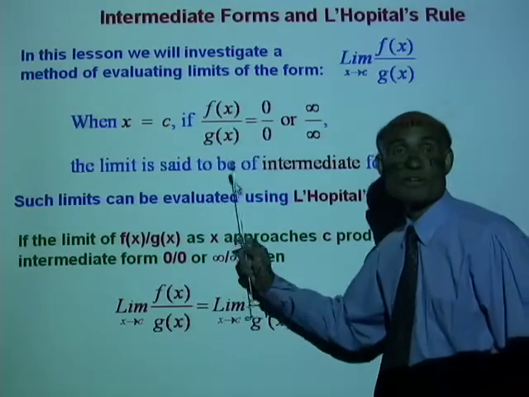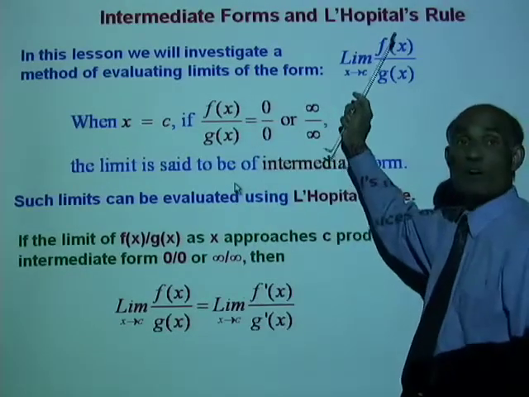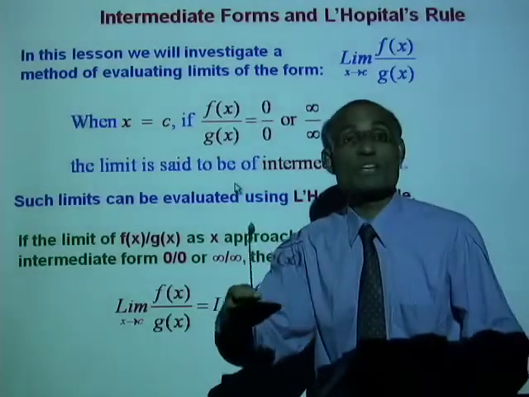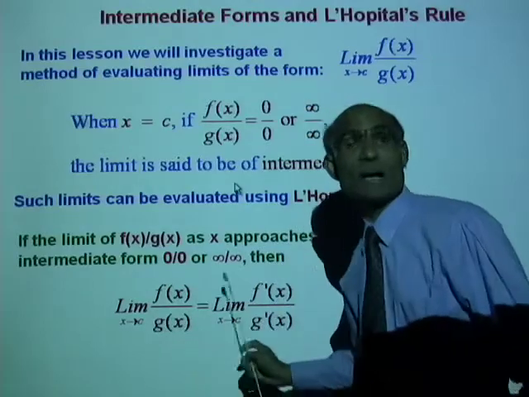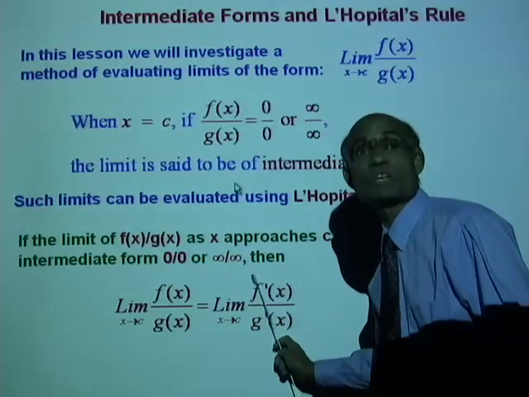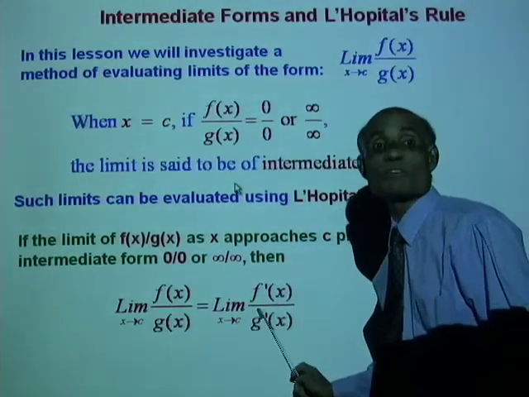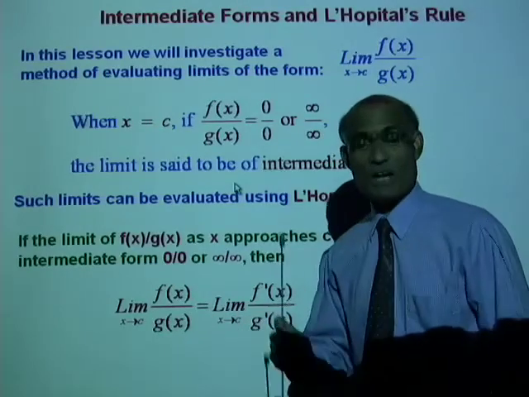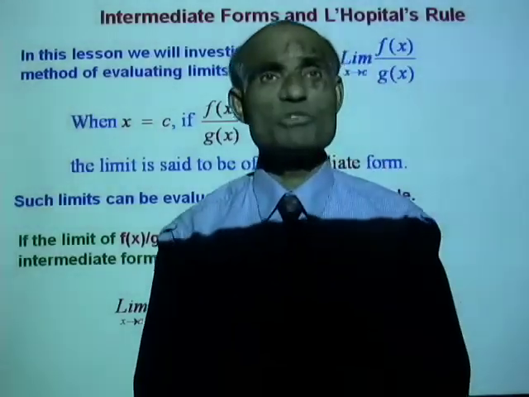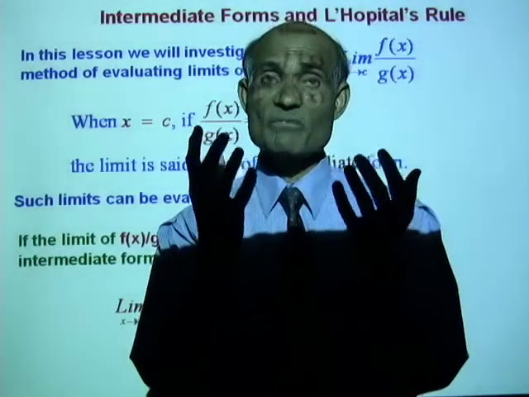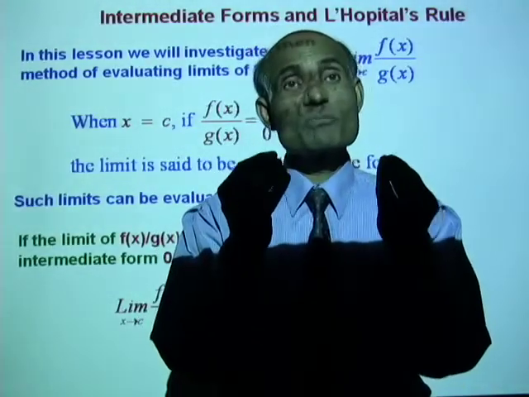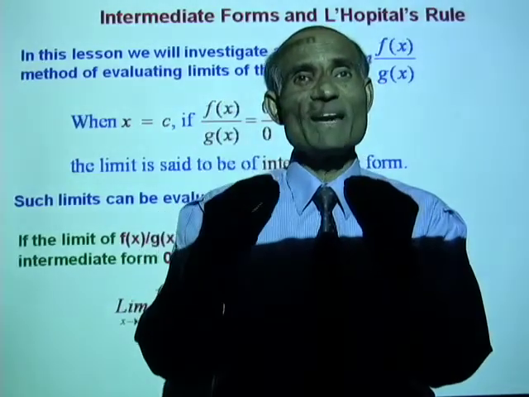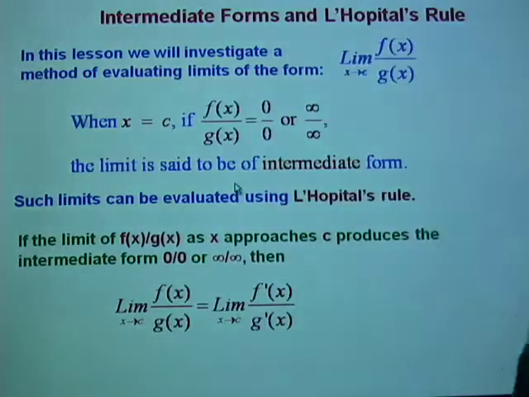In other words, the limit of f of x divided by g of x as x approaches c will remain the same as the limit as x approaches c of the derivative of f of x divided by the derivative of g of x. Now, for example, can you do this in your mind? In the beginning I told you, the limit as x approaches 0 of sine x divided by x. Now let me write that down for you.